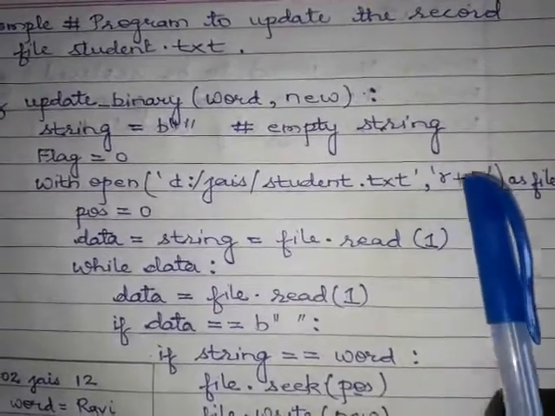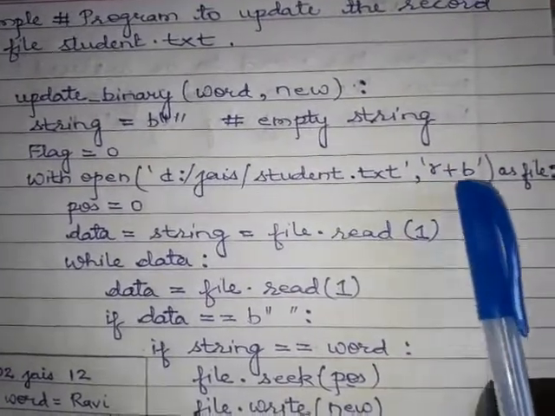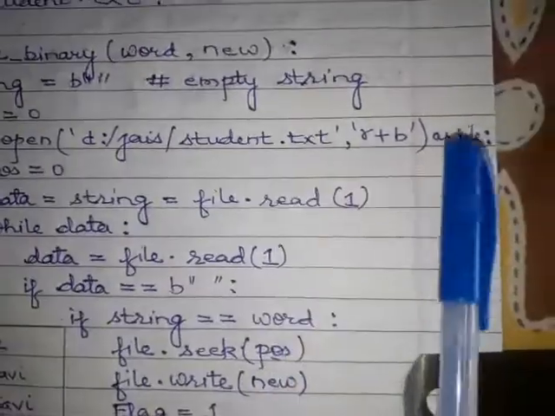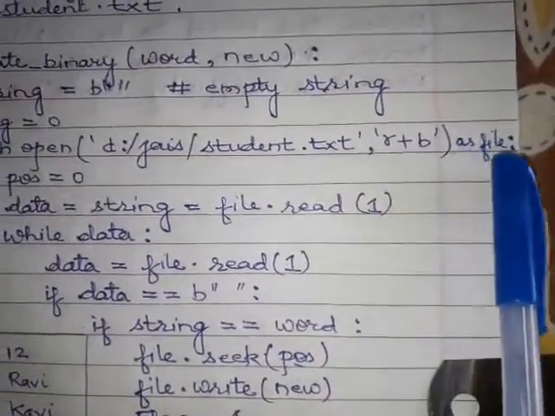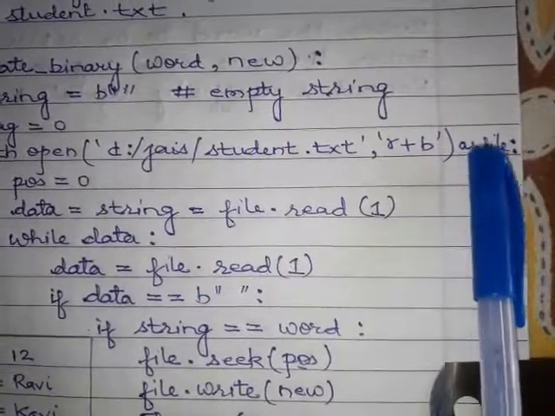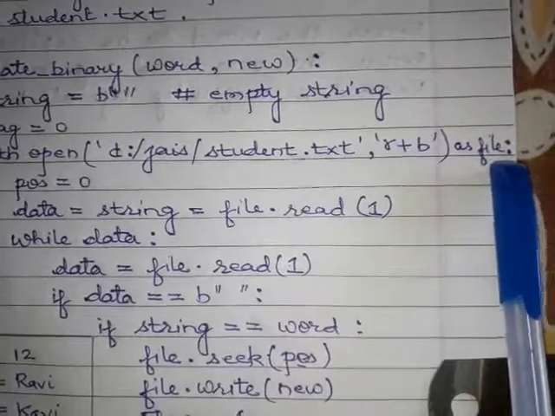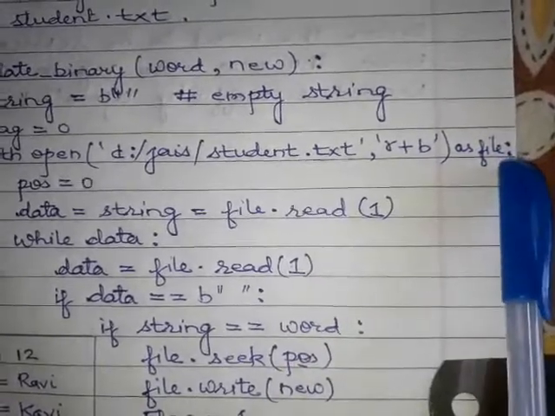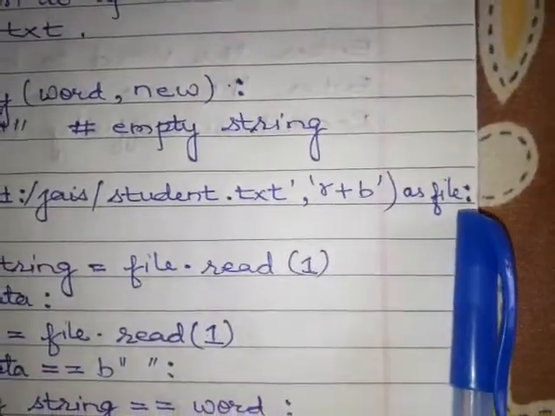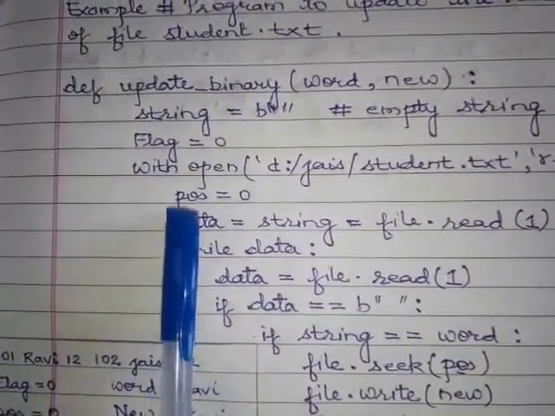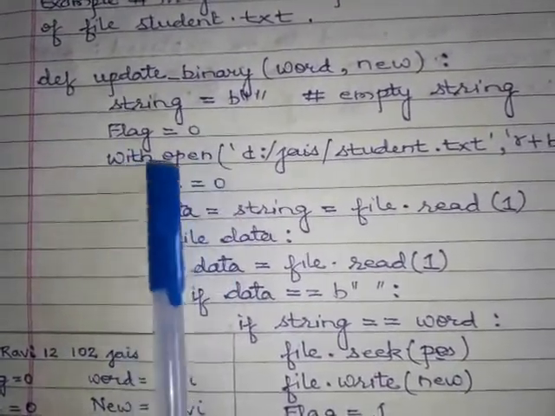So read plus b means read and write in binary mode. Okay, and as file means whatever you write after as is the file pointer. File is our file pointer, and we have a block over here. This is the block.